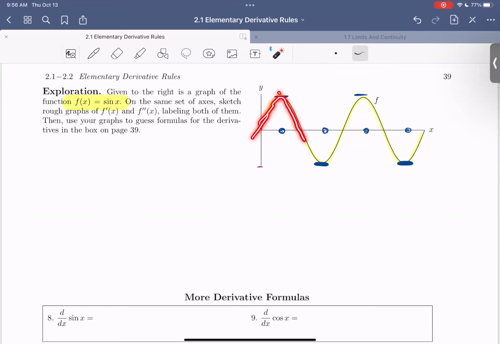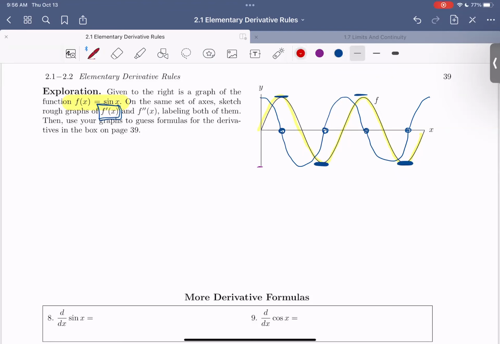Here we're decreasing, so we're going to be negative. Here we're increasing, so it'll be positive, decreasing, negative, and then increasing, so positive. So our function will probably look something like, start here positive, be negative, positive, negative, and then positive. Okay, so that's our derivative.